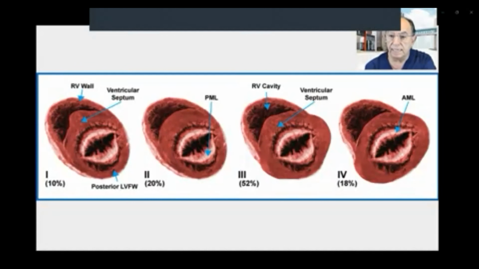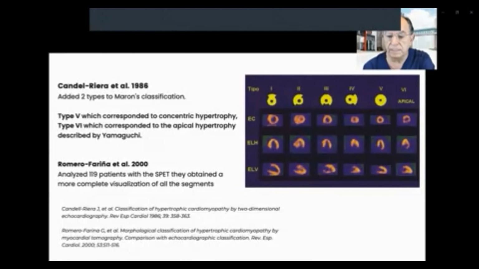In 1986, 5 years after the Maron classification was made, a group of doctors in Spain decided to use a new classification using SPECT, and through this new system to evaluate all the walls of the left ventricle, they correctly found that the type 3 classification of Maron was the most common, but they added 2 different types.